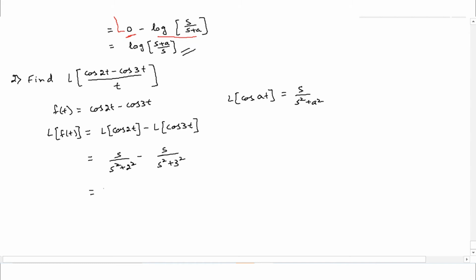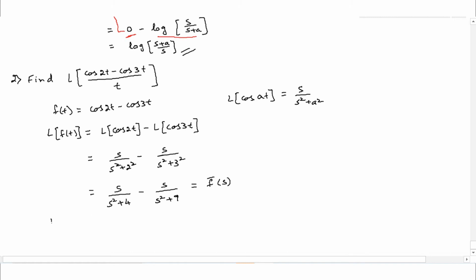If you try to simplify, you will be getting this value to be equals to s by s square plus 2 square will be 4 minus s by s square plus 3 square will be 9. So this will be acting as your f bar of s value.